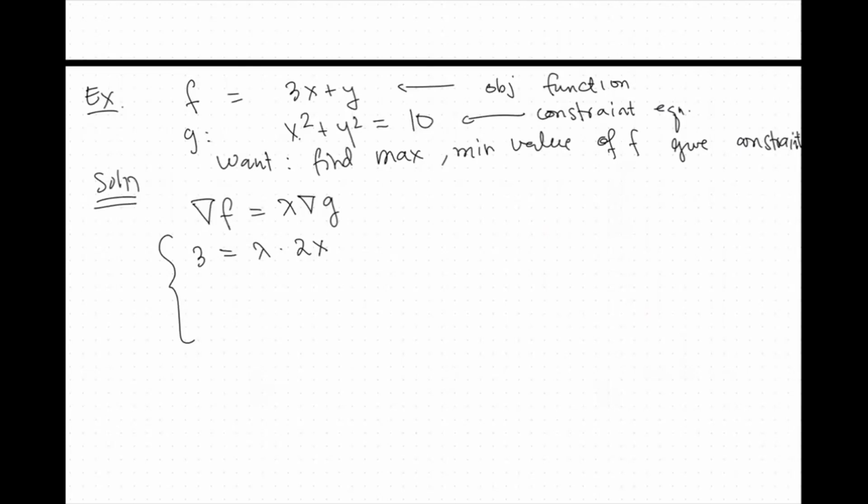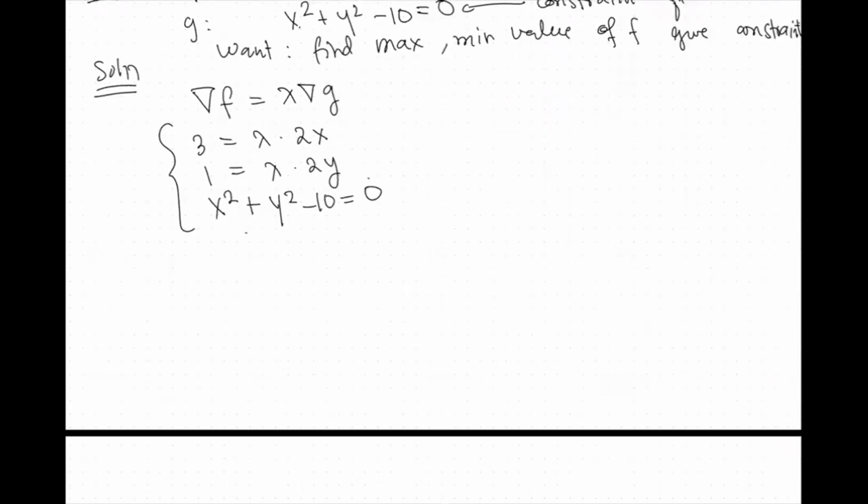We can write the constraint as x squared plus y squared minus 10 is equal to 0, and the derivative of 10 is just 0. Now with respect to y, we get 1 is equal to lambda times 2y. And then the third equation is the constraint. You can write this as x squared plus y squared minus 10 equals 0, or just the original one, x squared plus y squared is equal to 10. Doesn't matter a lot.